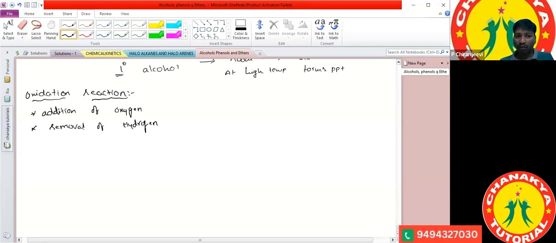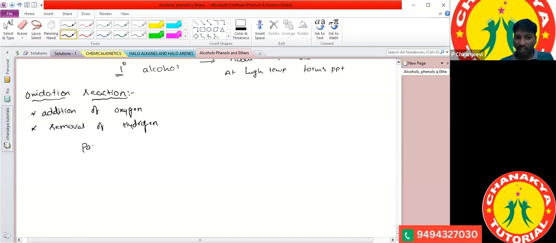Here we are taking addition of oxygen. We have two types of oxidizing agents. First, I'll give the list of the oxidizing agents.